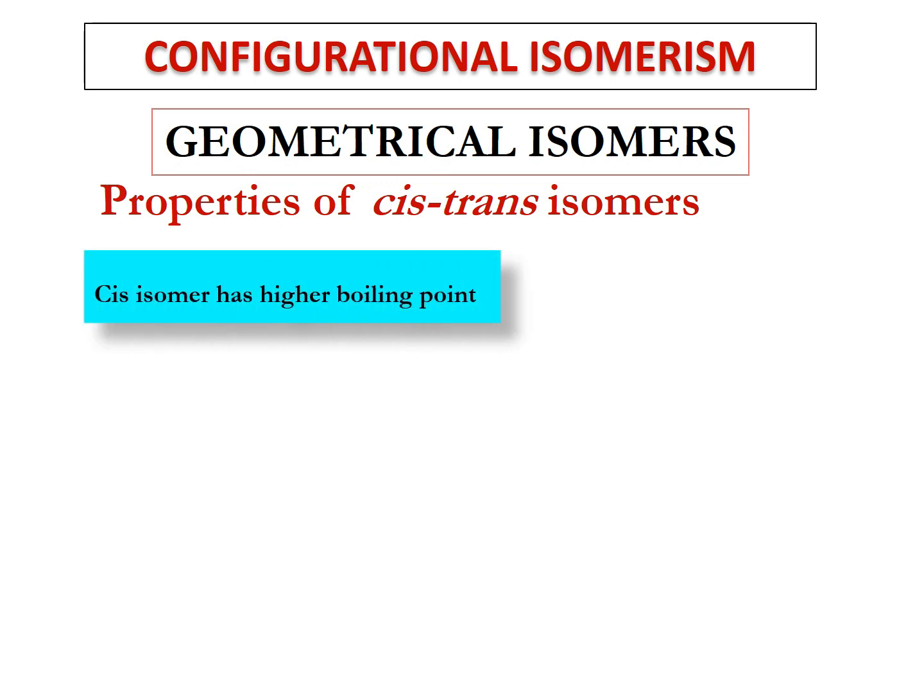So cis isomers have a relatively higher boiling point as compared to the trans isomer. This is because of the different polarities of the cis or trans isomer.